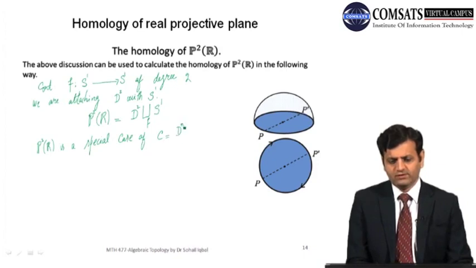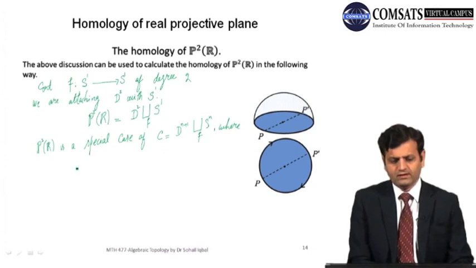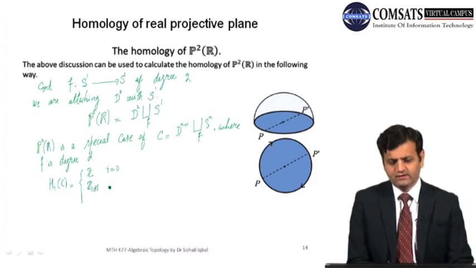It is obtained by attaching an n+1 cell to Sn under the map f, where f is of degree d. We have calculated the homology of this C as follows: it is equal to Z if i is equal to 0, since it is path connected; it is Z_d if i is equal to n; and it is 0 otherwise.